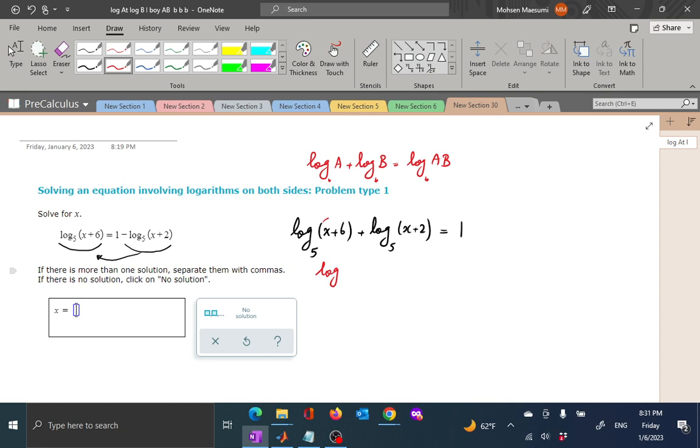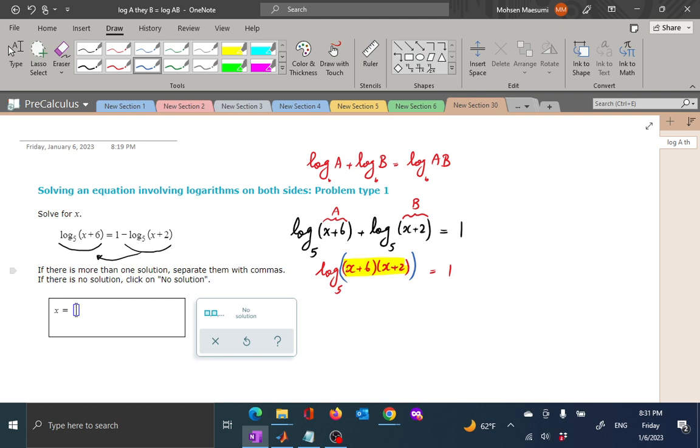This is my a, this is my b, and I'm writing x plus 6 and x plus 2 multiplied each other in base 5 equals 1. So all of this is one single expression inside logarithm. If you want to emphasize that, okay, this is logarithm of all of this equal to 1.